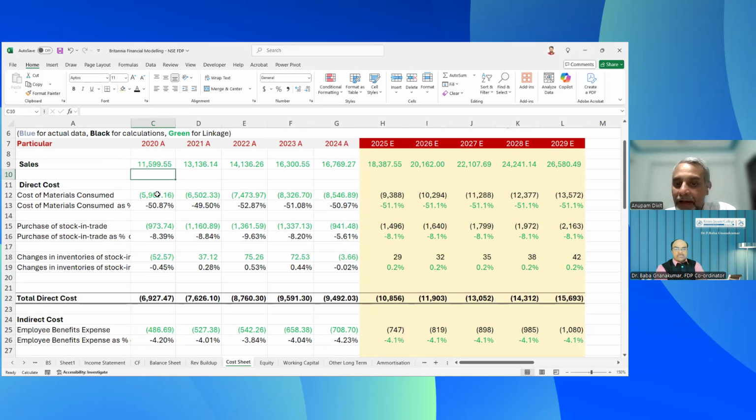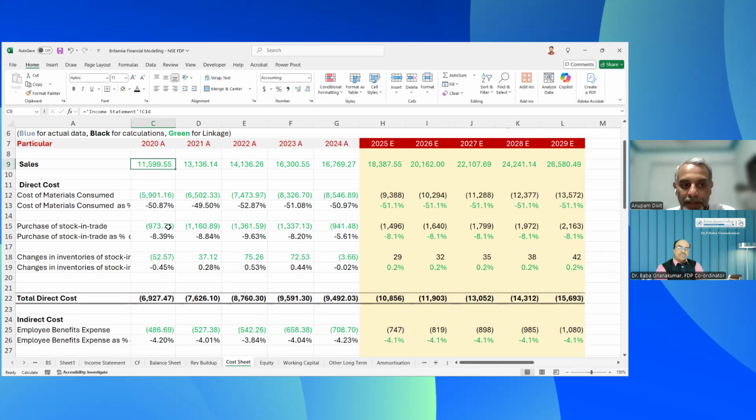Then once we have linked the historical value, we calculate each value as a percentage of sales. So the general formula is this value, and again we are going to use a dollar sign here every time. In this case, this is 5901 divided by 1159.